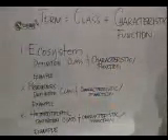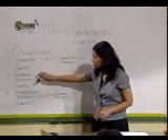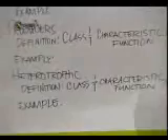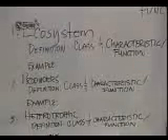Fill up the blanks. So, number 1, ecosystem. Number 2, producers. Number 3, heterotrophic. So again, term is equal to class plus characteristic or function.